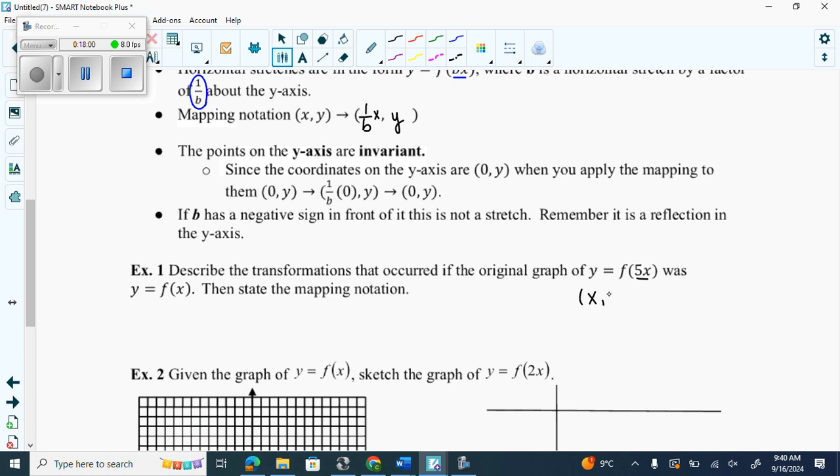X, y becomes what? 1/5 x, comma y. So whenever you go across the equal signs, this is what I always say. So if I go equation to words or mapping, the x's flip.